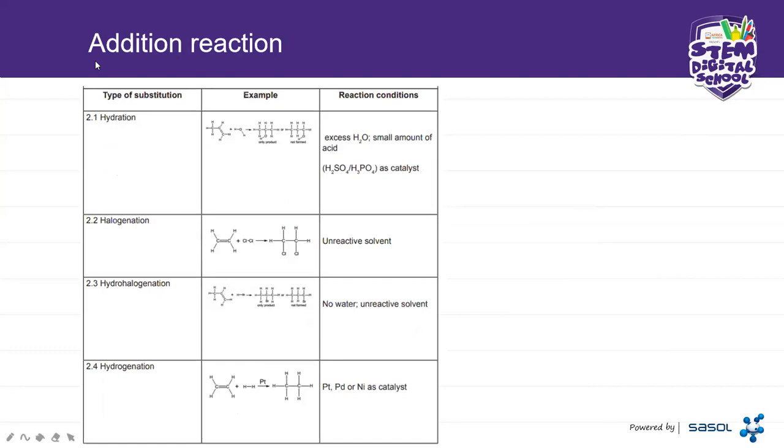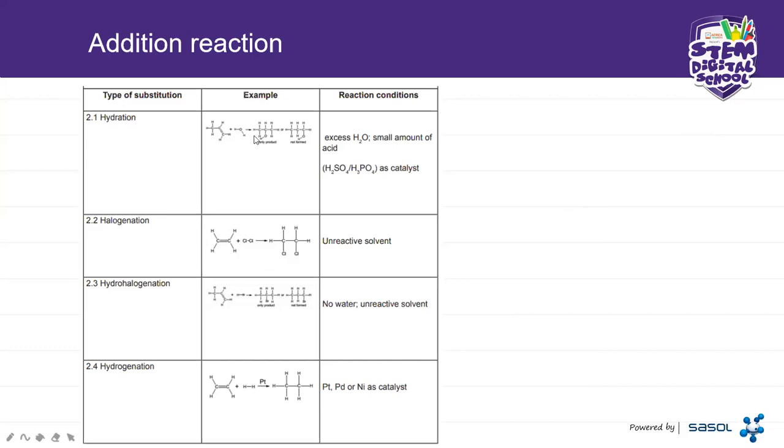And then we've got halogenation. That's where we add a halogen, as you can see here. We've got Cl2 in an unreactive solvent. We don't substitute here, we add whatever you have. You add it all together, so everything becomes one. There are no 2 products, there are no 3 products. Whatever is added, it becomes one.